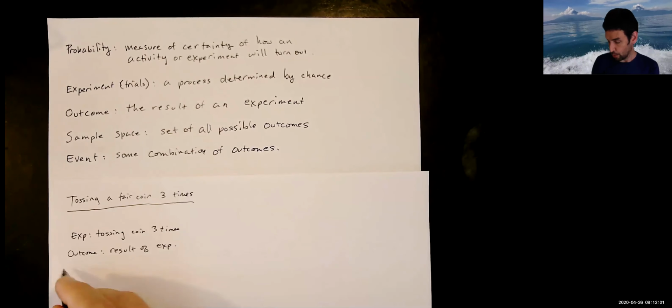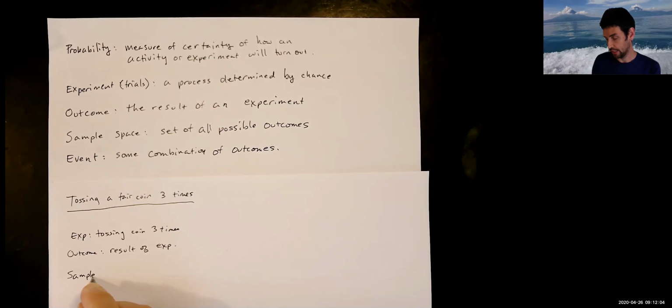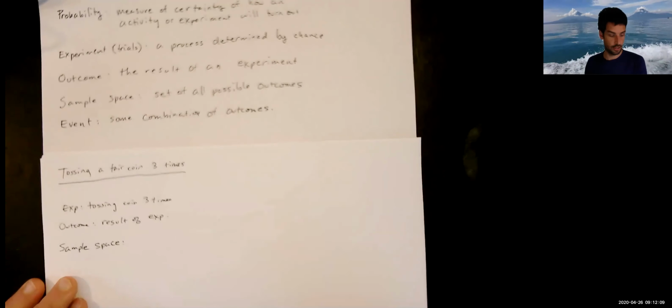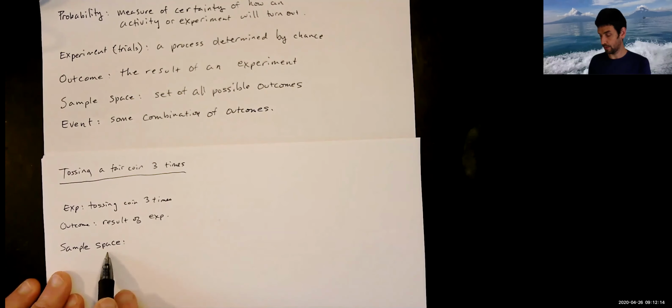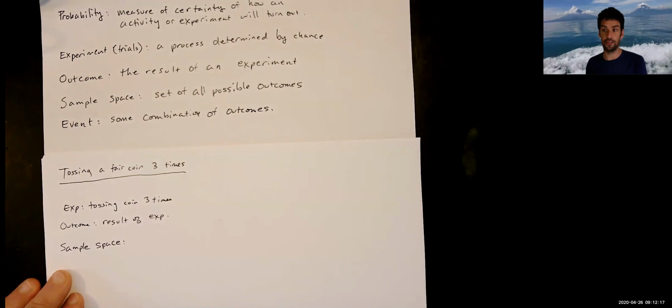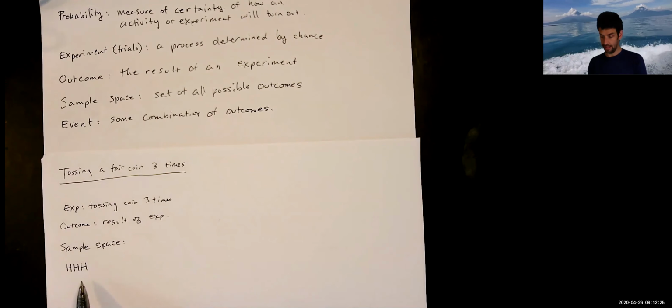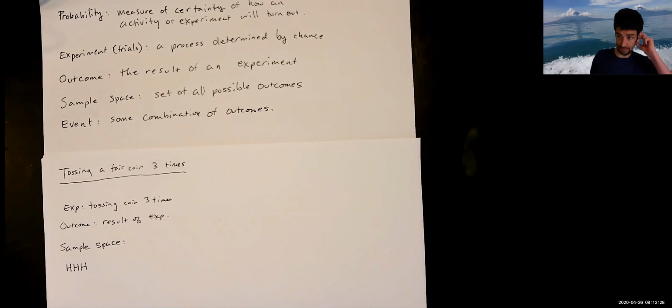Okay. But what we can write out is the sample space. The sample space, remember, is the set of all possible outcomes. So what could happen when we toss a coin 3 times? I'll use H and T to represent what could happen. This is one outcome. So remember, our experiment is flipping a coin 3 times. So when we're done, we'll have tossed it 3 times. So one possible outcome is I got heads all 3 times: HHH.